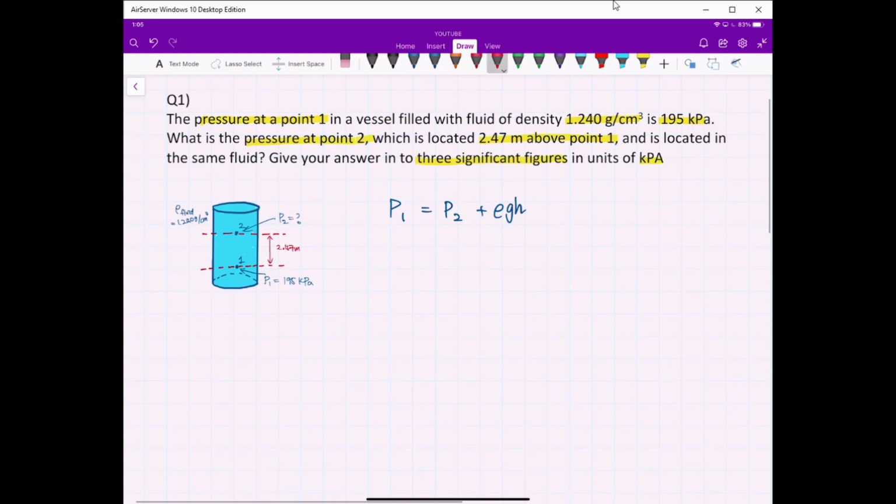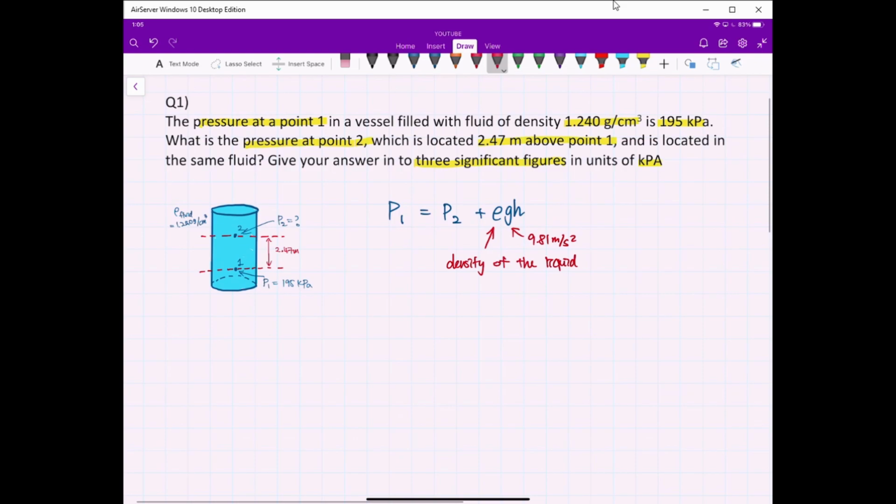Rho is the density of the liquid, and g is the acceleration due to gravity, which is 9.81 meter per second square. And last but not least, h is the difference in height or depth.